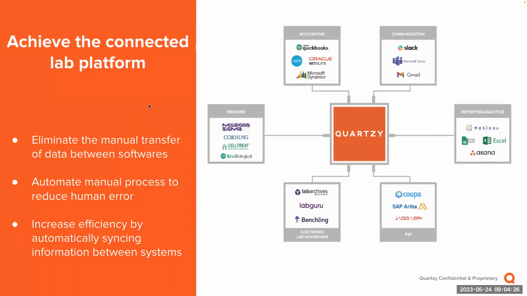So another example would be our QuickBooks and NetSuite integrations. So you'll send POs straight to those systems. So you can see this is just an example of some of the tools and softwares that we can integrate with, but it's not all inclusive. There's many more integrations that we can build.